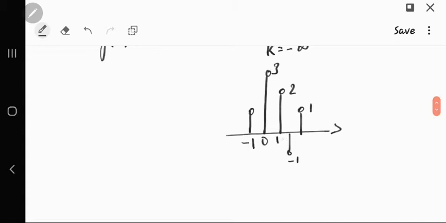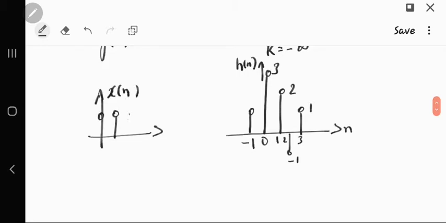So 0, 1, 2, 3. So this is h of n. Here is x of n.